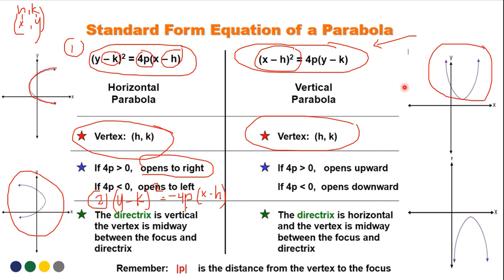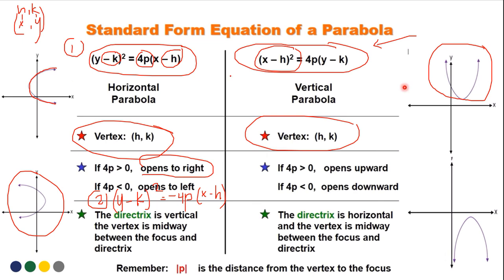Kasi doon po natin ma-identify agad yung graph if opens downward, opens to the left, to the right. Parabola siya, di ba? So, iisa lang yung may squared. Kung papasinin yung circle, buo yung circle, di ba? So, ibig sabihin, dalawa yung may squared. Circle siya eh. Kung parabola, kalahati ng circle. So, isa lang yung squared.